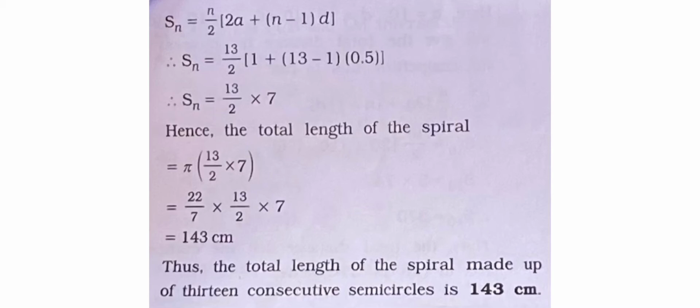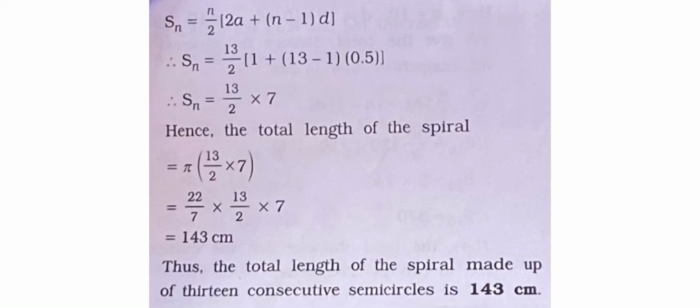Yes, Sn is equal to n by 2 into 2a plus (n minus 1) d. Here n is equal to 13, a is equal to 0.5 and d is equal to 0.5. So when we substitute it, we will get Sn is equal to 13 by 2 into (2 into 0.5 plus (13 minus 1) into 0.5). 2 into 0.5 is 1, so 2a is equal to 1. On solving, we will get Sn is equal to 13 by 2 into 7.